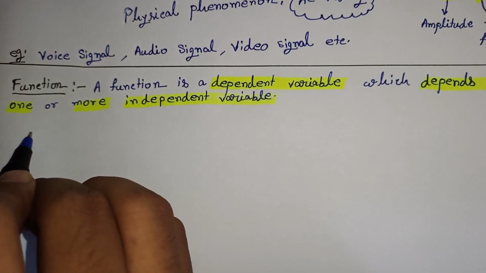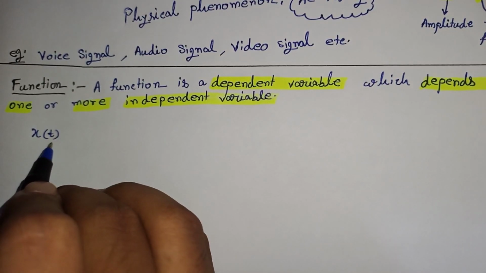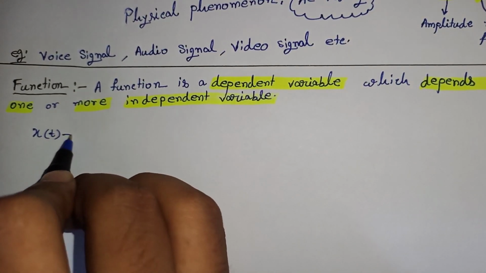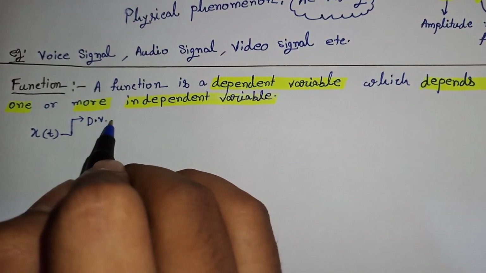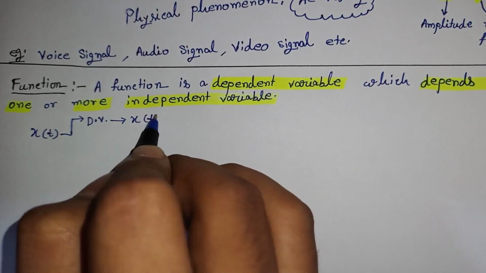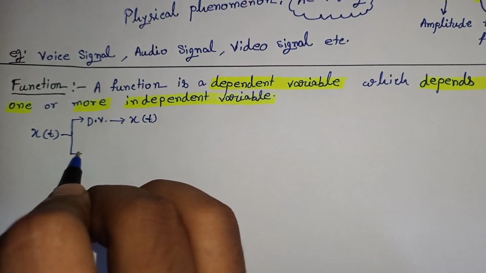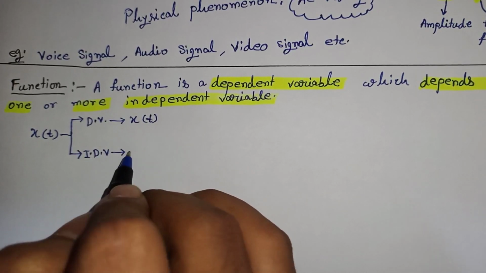Suppose x(t) is a function. So what is the dependent variable here? It is x(t). And what is the independent variable here? It is t.